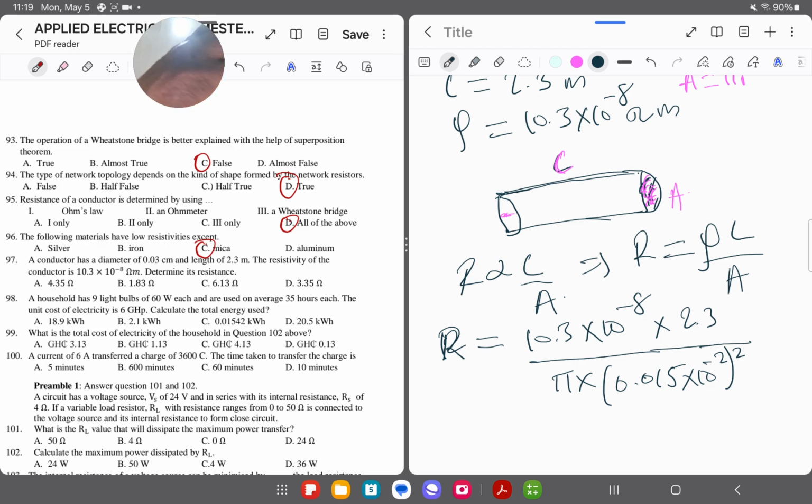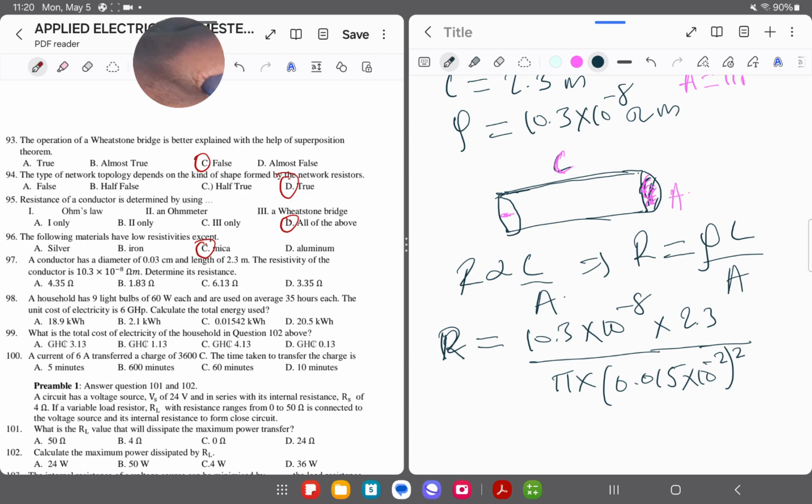So we are going to have 10.3 times 10 to the power minus 8 times 2.3, then divided by pi times 0.015 times 10 to the power minus 2, squared.